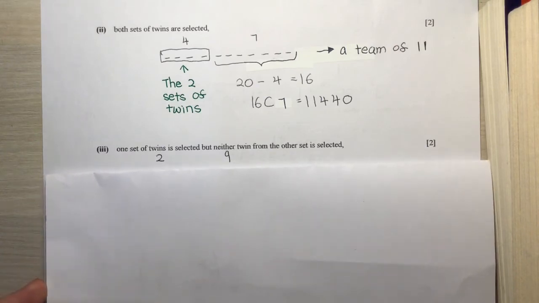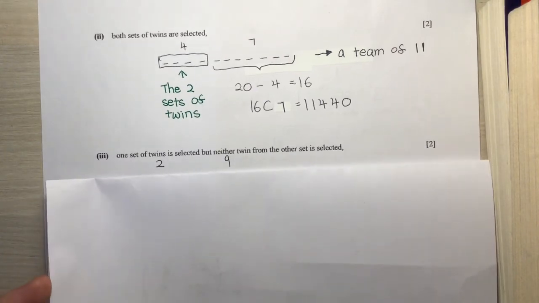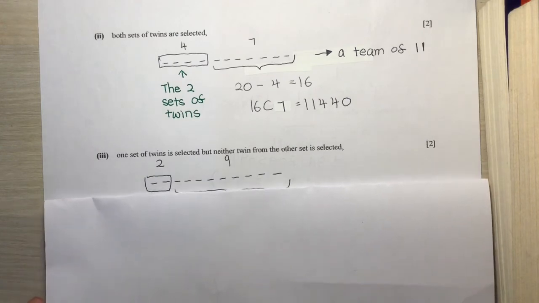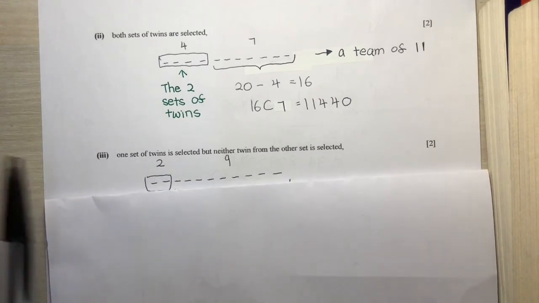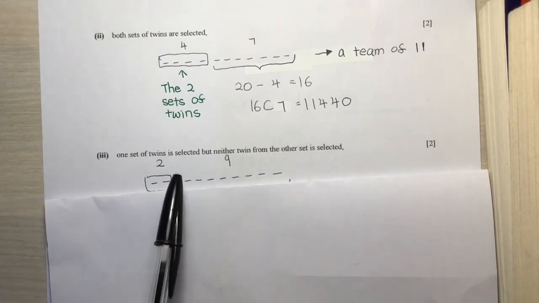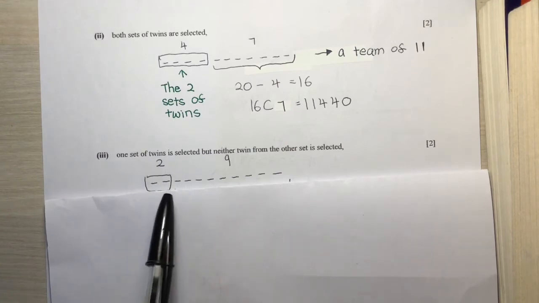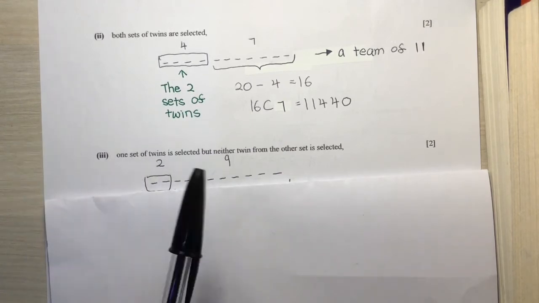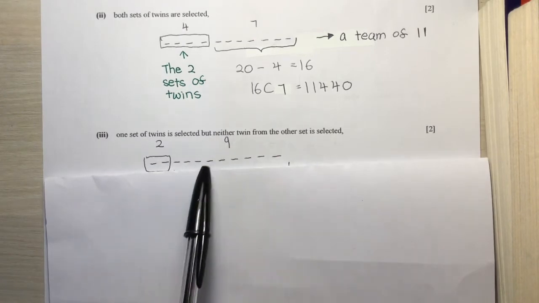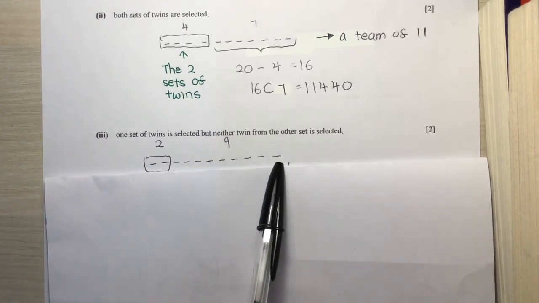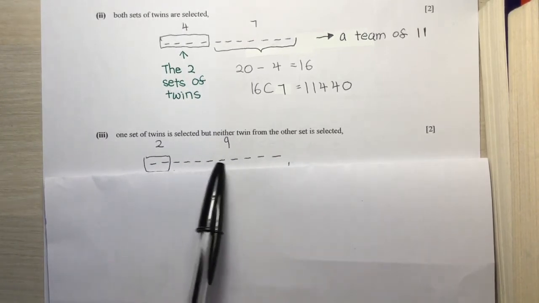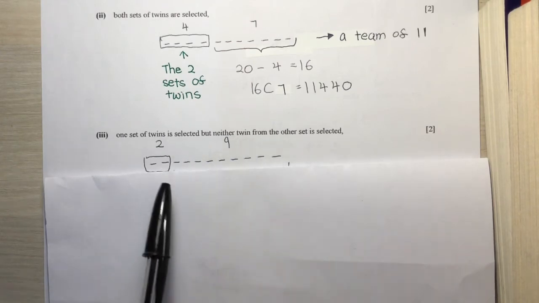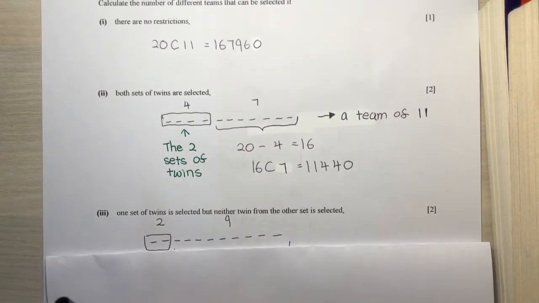So only 1 set of twins is selected. In other words, in these 11 spaces over here, only 2 are occupied, and these 2 represent 1 set of twins. And then for the remaining spaces over here, we have to decide who will be in the team from the remaining people.